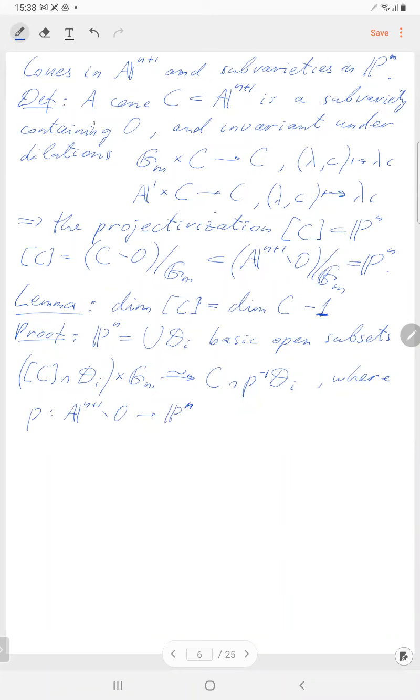Okay, and how does this isomorphism go? I take some collection, say C0, and so on. Then we must have one at the ith position, and so on, Cn. And then we have an extra coordinate in this multiplicative group.